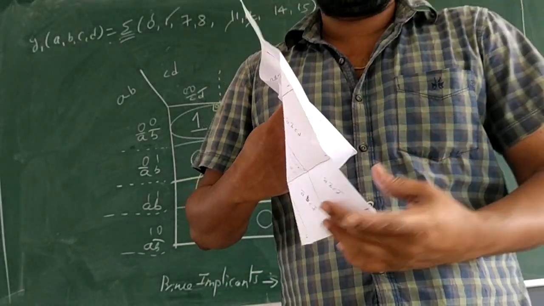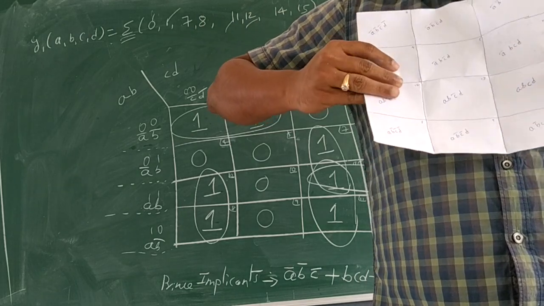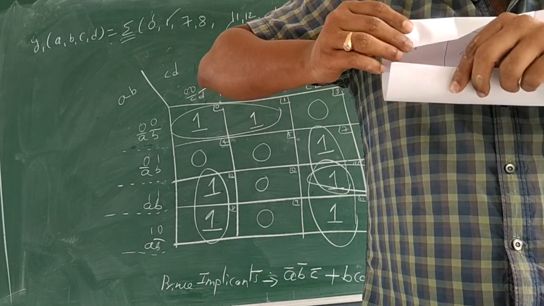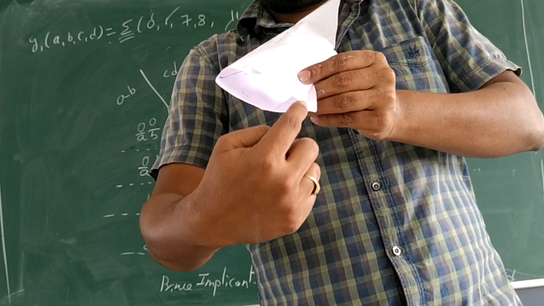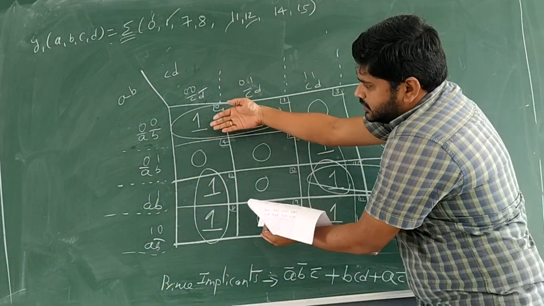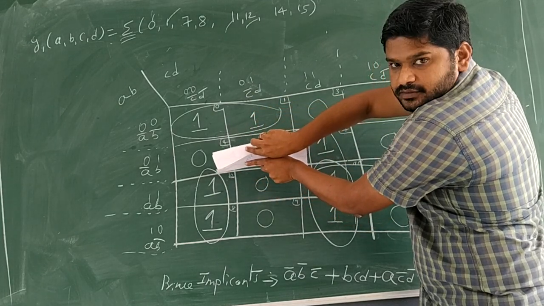So assume like this. You have applied a covering by this method. Both became adjacent. So just imagine like this, you are folding.